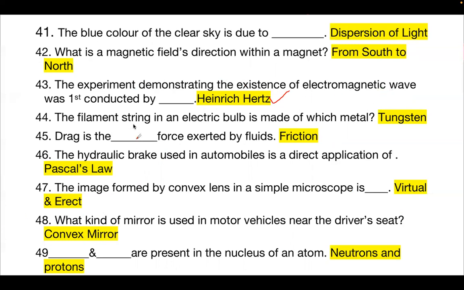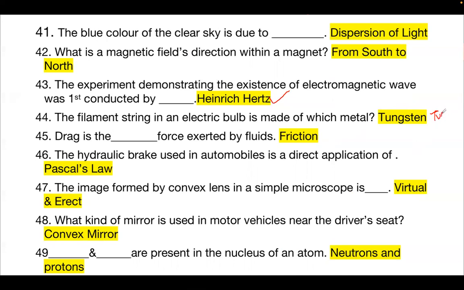Okay. The filament string in electric bulb is made up of which metal? It is tungsten. Okay. Tungsten is a filament which will be there in electric bulb.